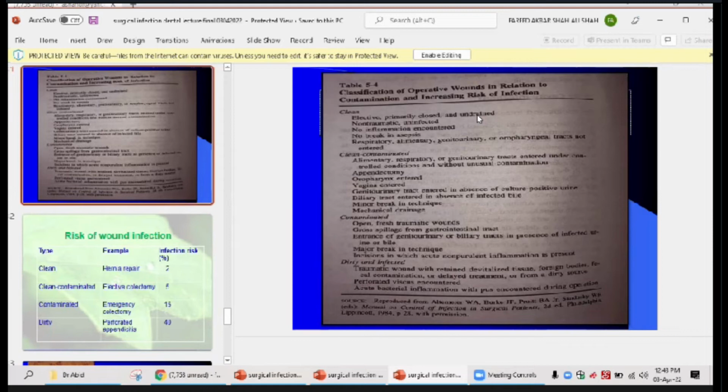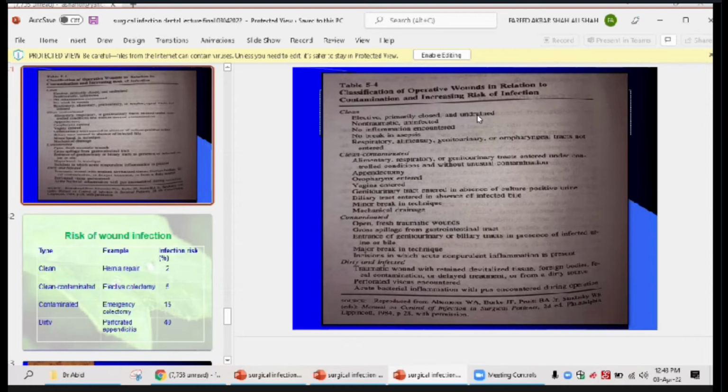Yes, doctor. And when we enter into the lumen, we know that we are going to cut the appendix to remove it. So we are entering the lumen of the appendix, the hollow viscus. That means it is a clean contaminated surgery.